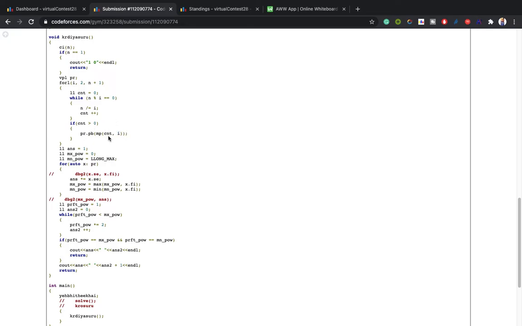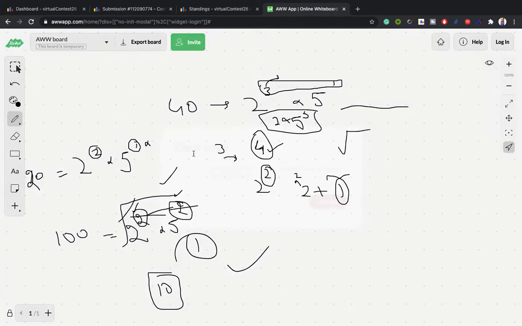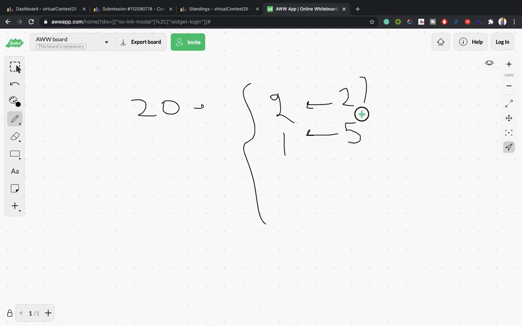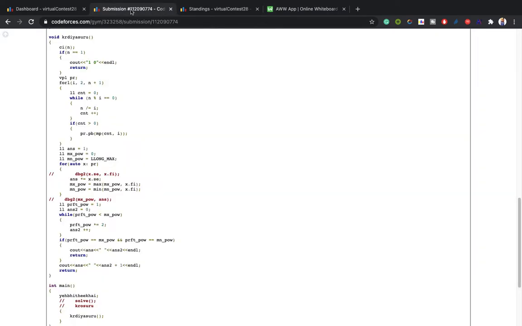Like for 420, our array will be: the factors 1 is not considerable, 2, and 5. Count of 2 will be 2, count of 5 will be 1, so this will be my array.